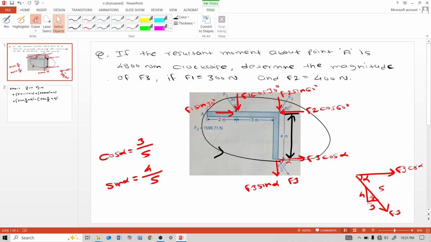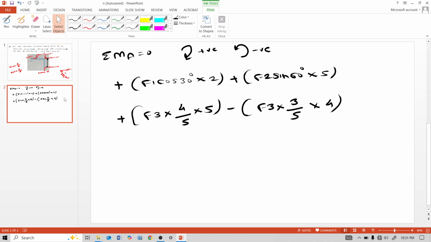And in the numerical they told us that the resultant moment about point A is 4800 Newton meter clockwise. So equate this with 4800, clockwise means positive, because the resultant moment is the summation of moments. So by this calculation we will calculate this F3.